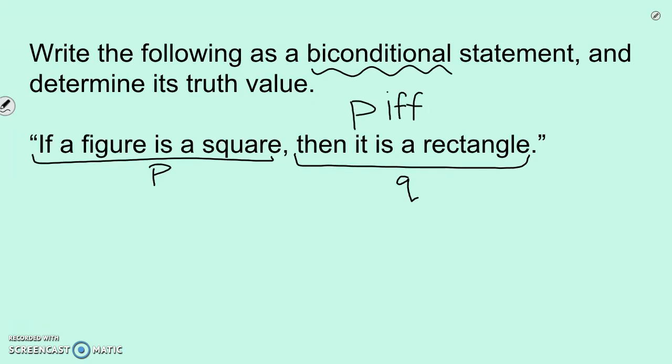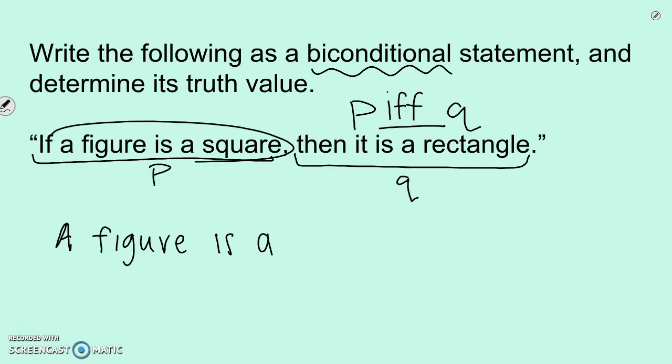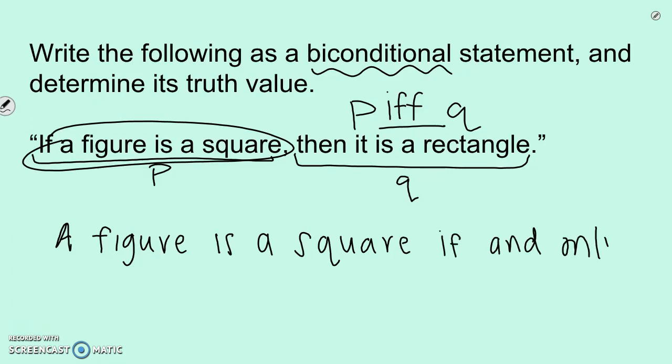So it's written P if and only if Q. All right, so let's go ahead and write it that way. A figure is a square if and only if it is a rectangle.